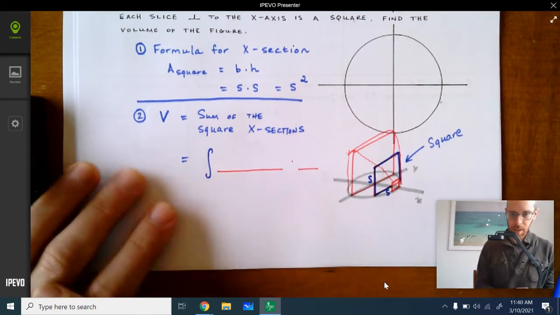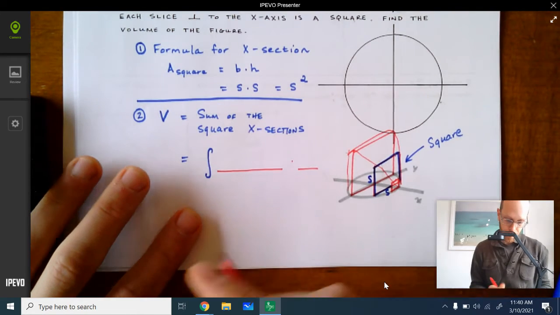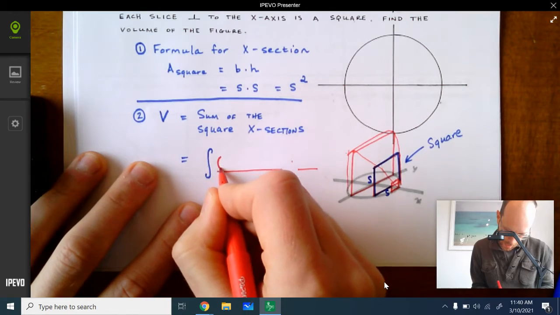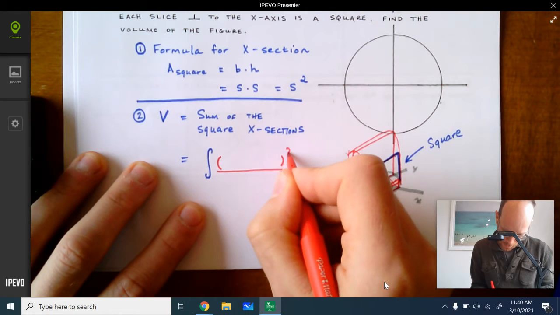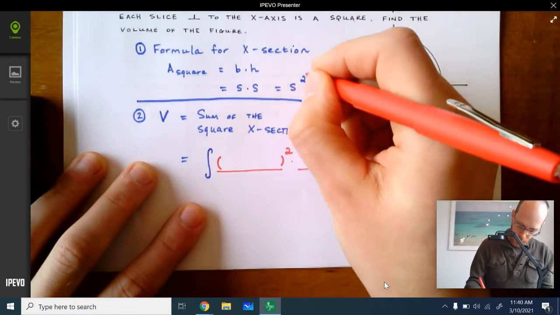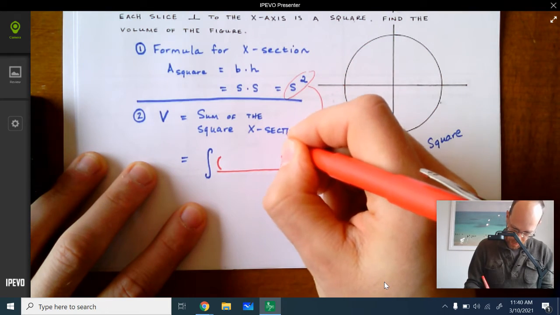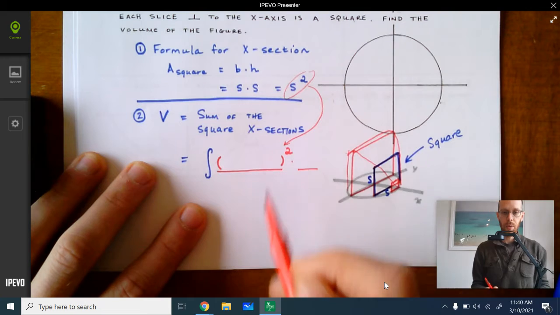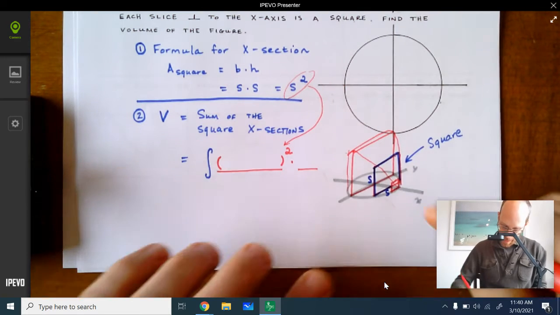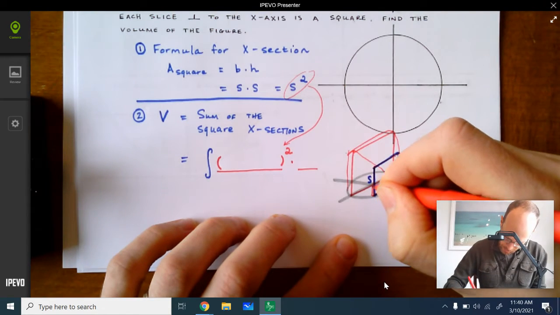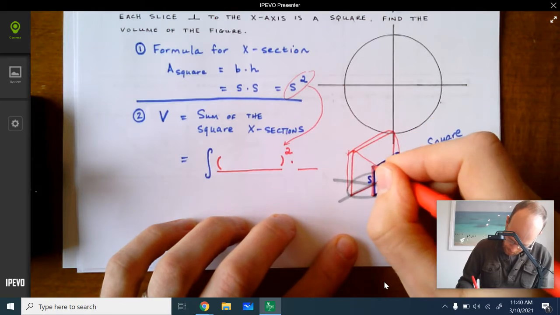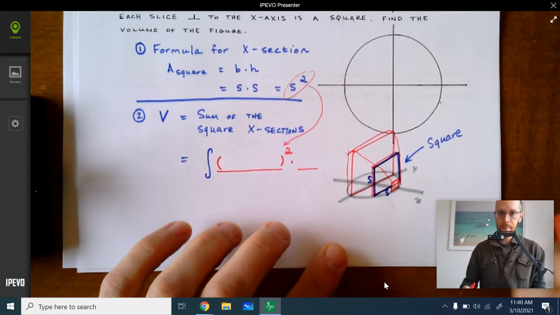So in here, I'm going to say that each one of these cross sections has 2 things going on. First, it has the side length squared. So this formula right here, I'm bringing it down here. Side squared, multiplied by, each one of these is going to have a little bit of thickness on it.